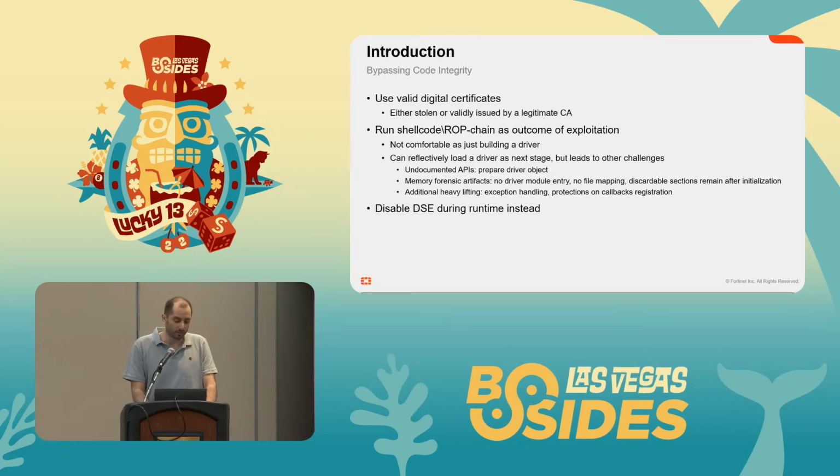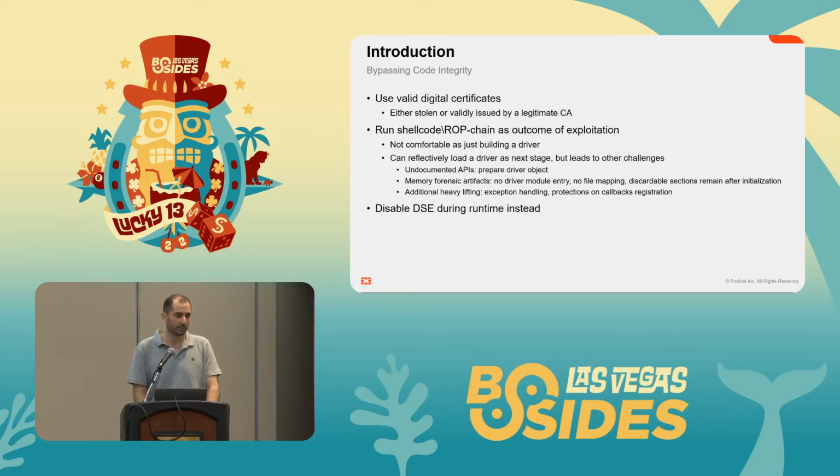So how do you bypass code integrity? The most straightforward thing to do is use a digital certificate to just sign your payload. Either you steal it, or you somehow trick some certificate authority to issue you such a certificate, then you can just do it.